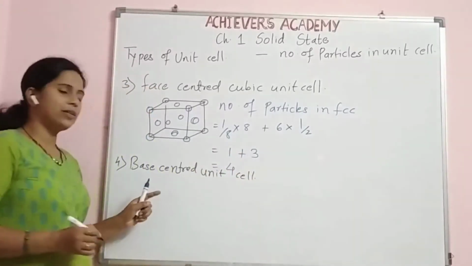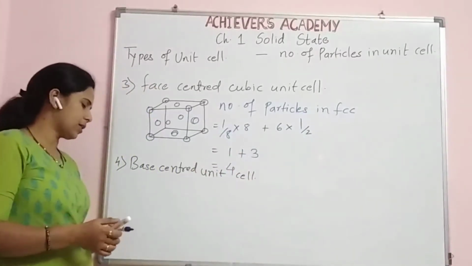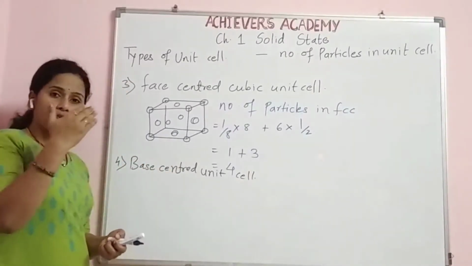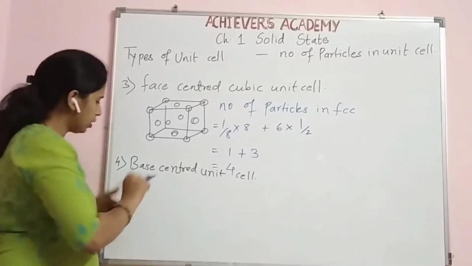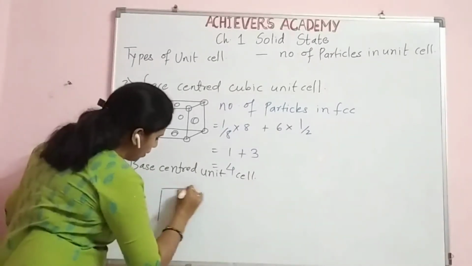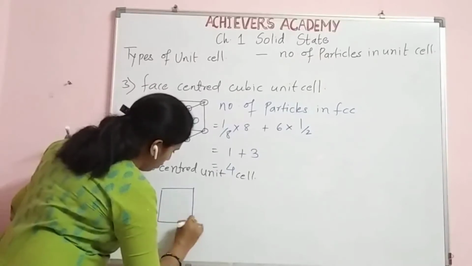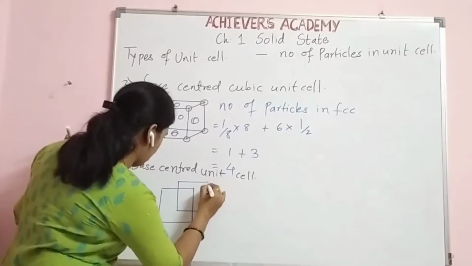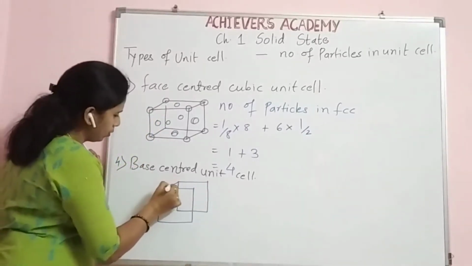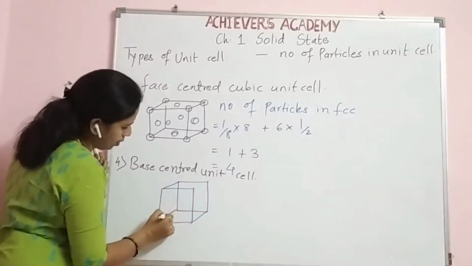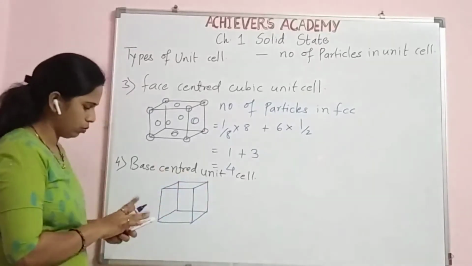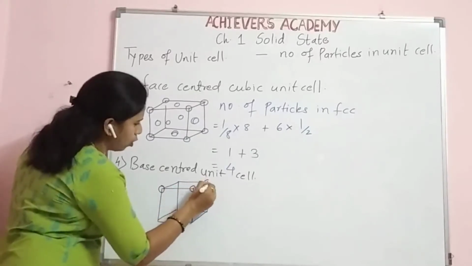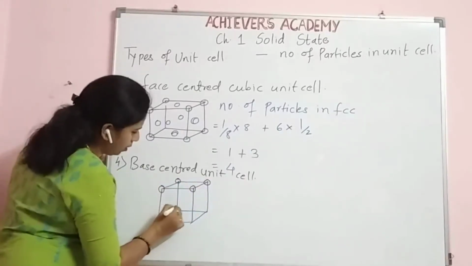Now in the base-centered unit cell, in this type of unit cell, the particle is present at 2 opposite faces. Here we'll show the 8 particles at the 8 corners.